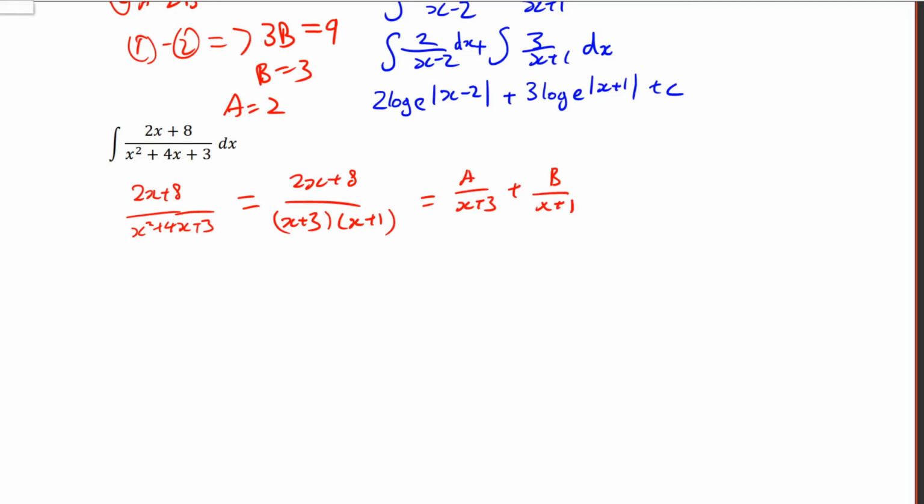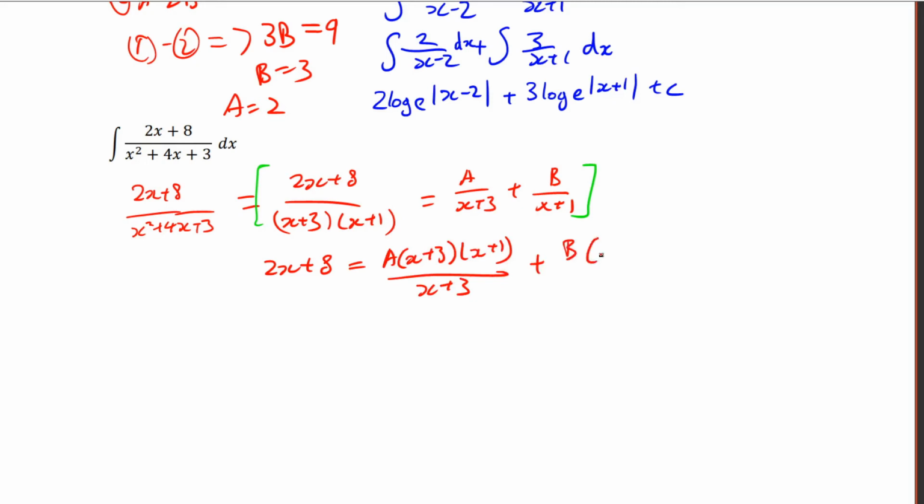Now I'm focusing on just what I have here, and I'll be a bit more clear than in my previous question, so I'll actually show the multiplication. If I multiply both sides by the denominator, I get 2x + 8 equals A times the denominator divided by (x + 3), plus B times the denominator on (x + 1).